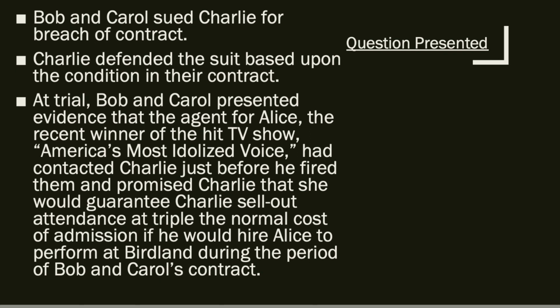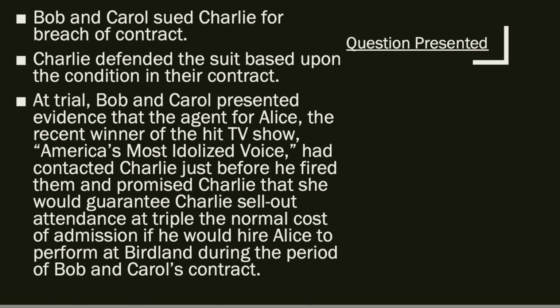The objective approach is preferred, which means reasonable satisfaction, but the subjective approach can apply in certain areas, especially regarding personal taste, and when there's explicit language in the contract, which there was here. So we have to deal with that tension of whether the court should apply an objective or a subjective approach.